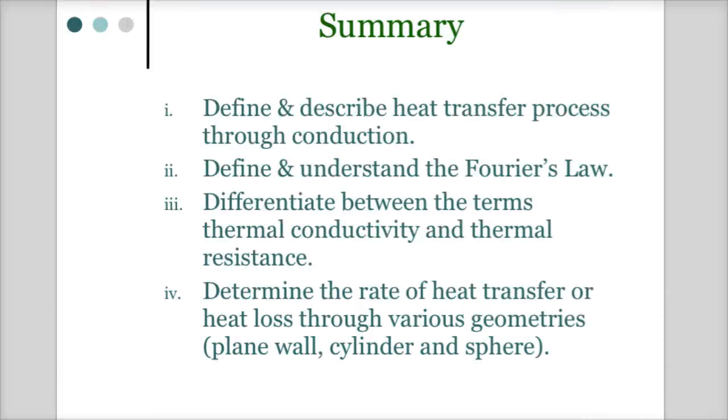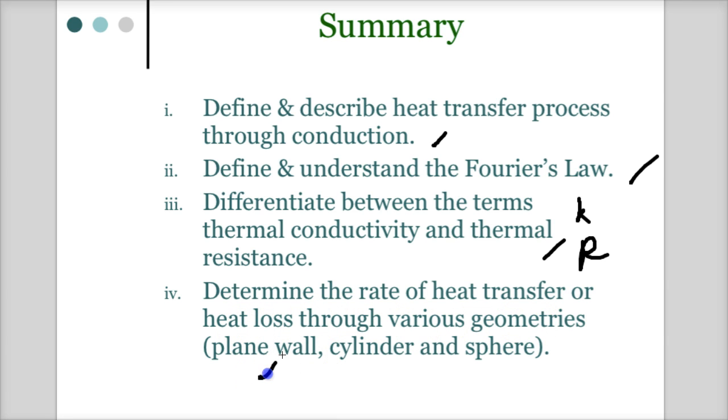So we've come to the summary. Define and describe the heat transfer process through conduction. We've covered that. Define and understand Fourier's law. Differentiate between the terms thermal conductivity and thermal resistance. Thermal conductivity is K and thermal resistance is R. Done that. Determine the rate of heat transfer through various geometries.